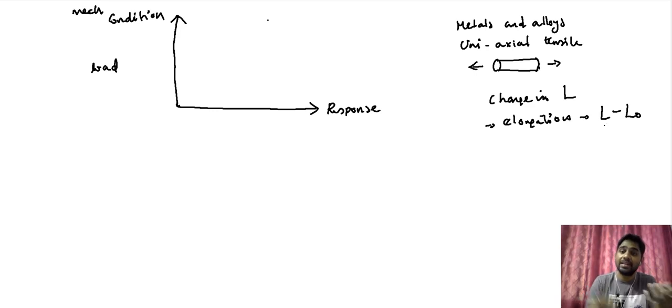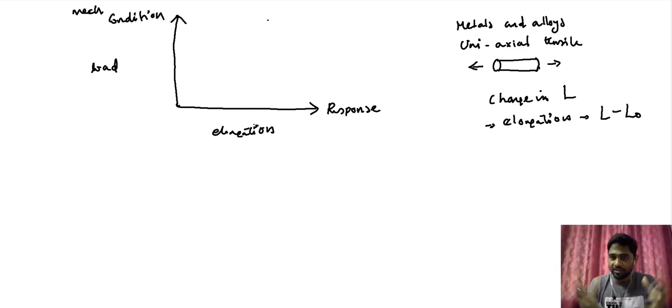When I say length at a specific instance, what I am talking about is the length for a given loading condition. So here in the y-axis you have your load, and in the x-axis you have your elongation. In this study you are imposing a uniaxial tensile load, progressively increasing the load, and correspondingly studying the elongation associated with it.